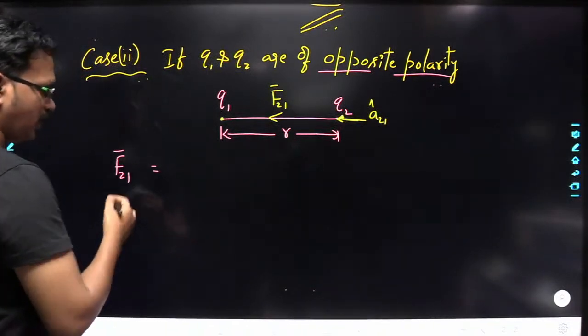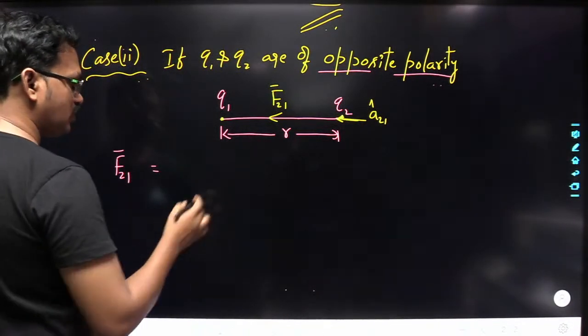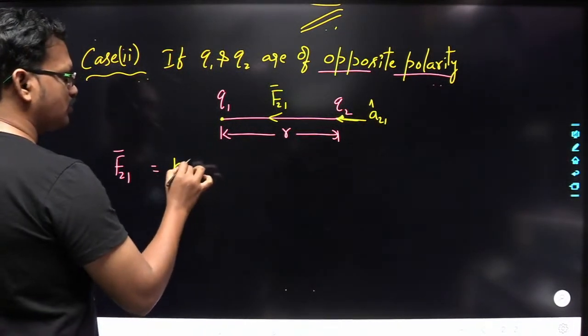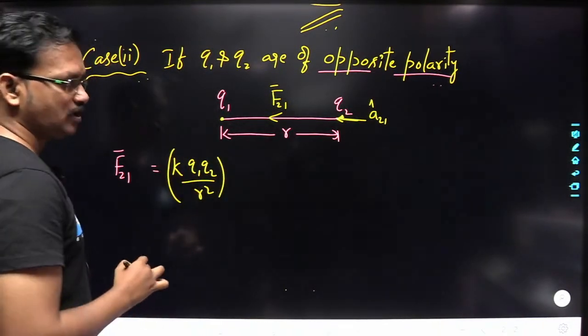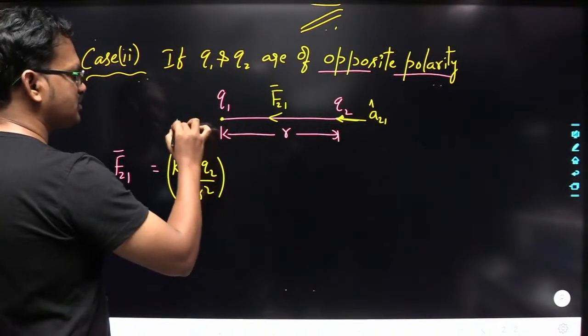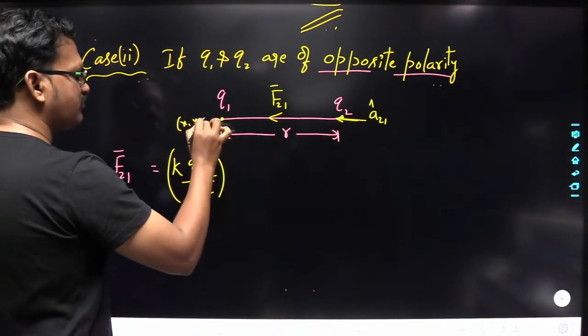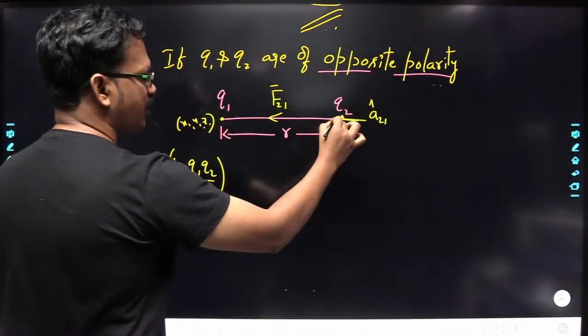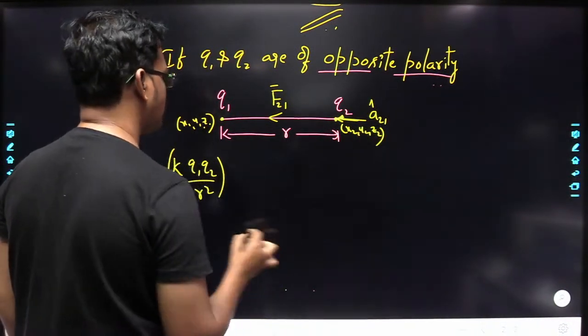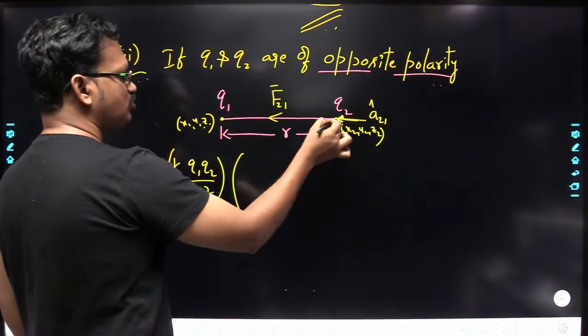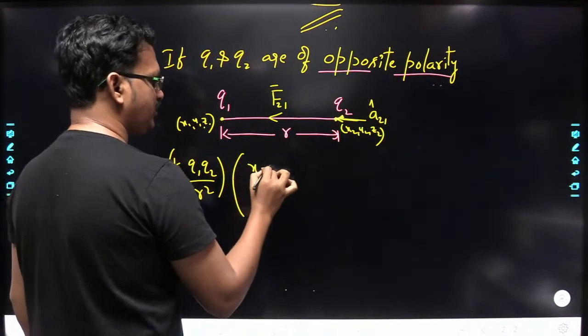Now F21 bar is equal to what here? Is equal to K into Q1 Q2 by R square. So this is the magnitude. Now what is the direction here? Let us consider this point is x1, y1, z1, and this point is x2, y2, z2. So as you move from this point to this point, write increment in x.